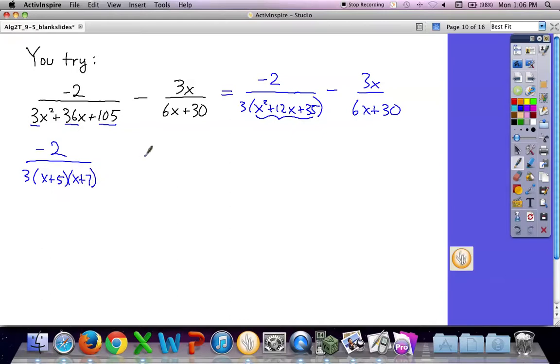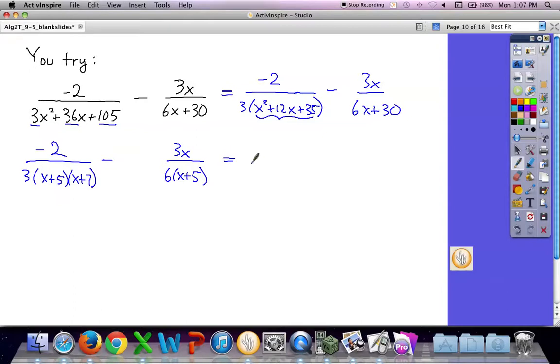All right, minus, I'm going to leave myself some space because I'm probably going to have to multiply, minus 3x times 6 times x plus 5. And I was wrong there. Equals, in fact, if I need to add some space for multiplying, it's actually only with the second fraction, which I can see coming.